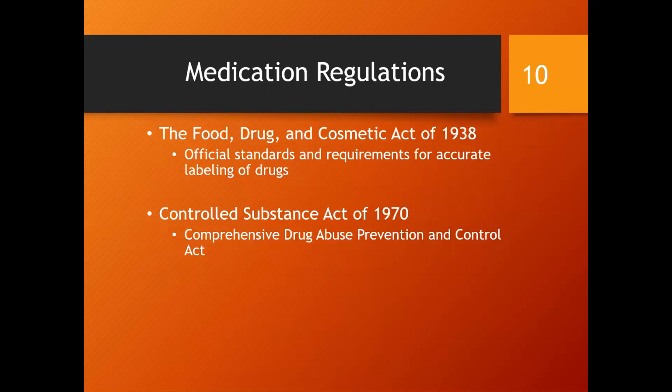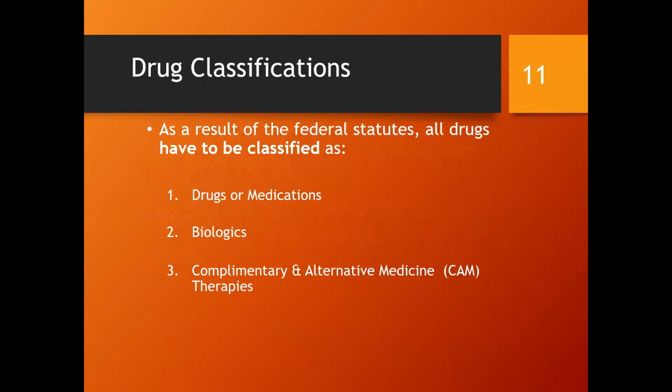Physicians are having to go through some extra training and things like that, so that there are not as many scheduled narcotics out there, because there are some problems with narcotic abuse at this point, an abundance of over-prescribing going on, and unfortunately people overdosing. So you'll hear a lot about that as you go through your nursing career.